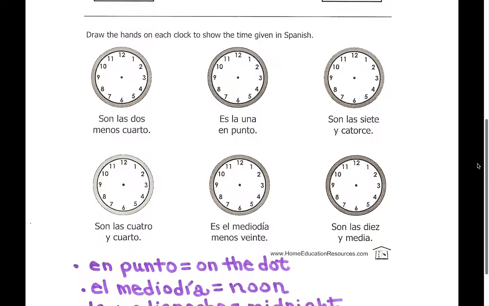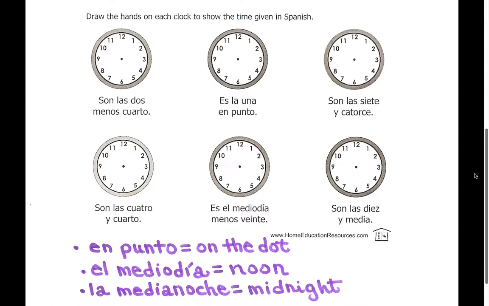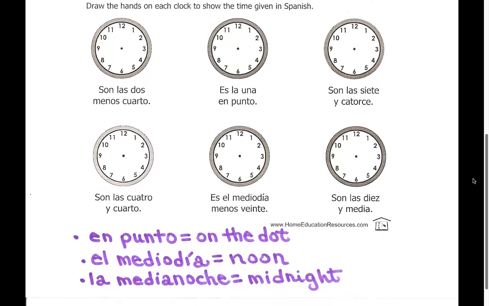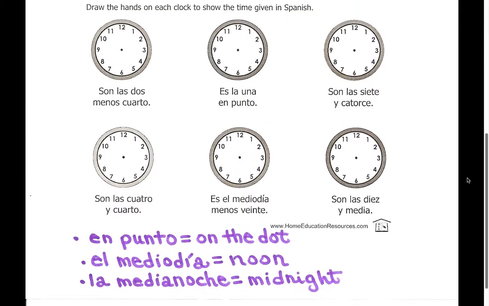And then a little bit harder for practice because now you are drawing the hands, both the hora, manecilla de la hora, and your minutero and your minute hand. You are drawing it based on what they tell you. So son las 2 menos cuarto would be what?